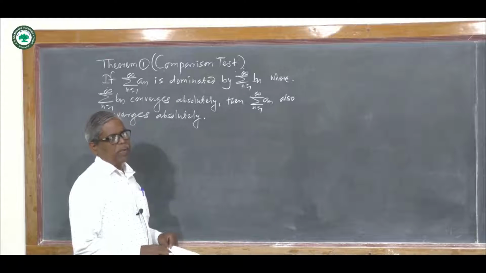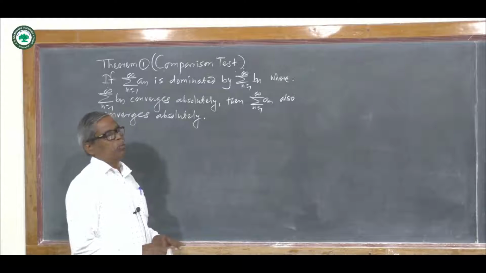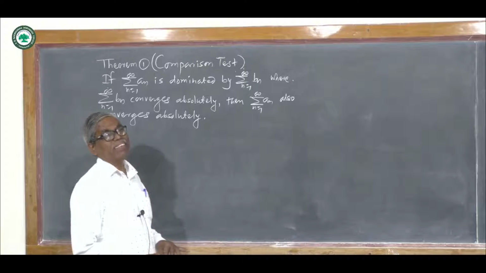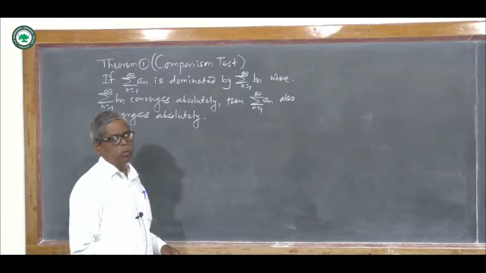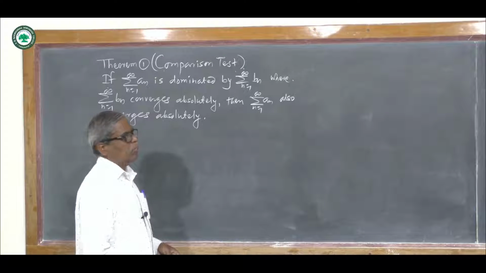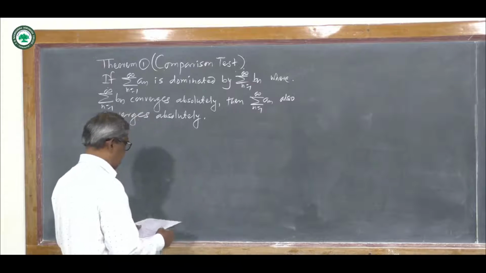If sigma an converges absolutely, then we write sigma mod an less than infinity.